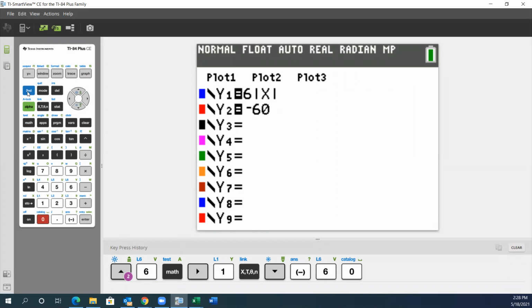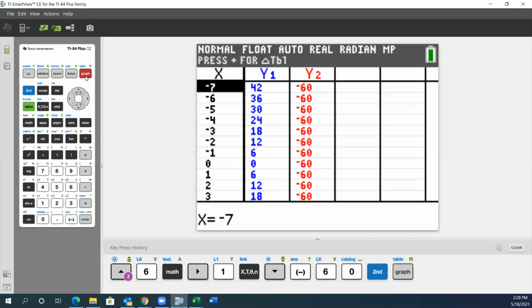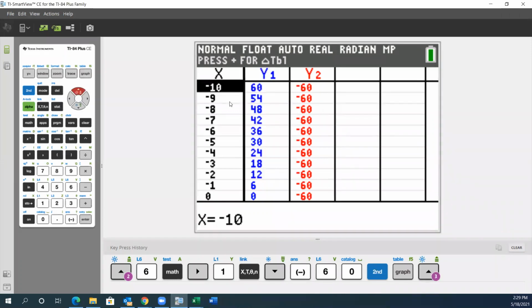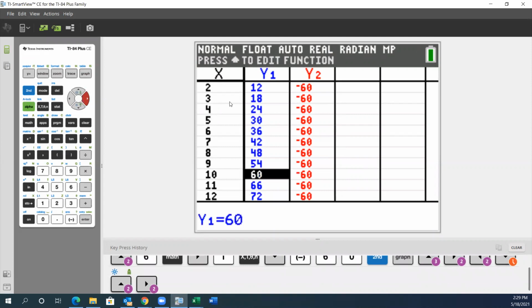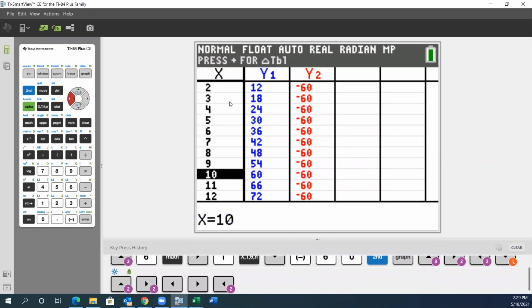And then one thing we could do is go to the table and say, all right, if 10 or -10 is a solution, it's going to make the left side of the equation and the right side of the equation match up. So when x is -10, they do not match. And when x is +10, they do not match. And so that confirms that it's not a solution.